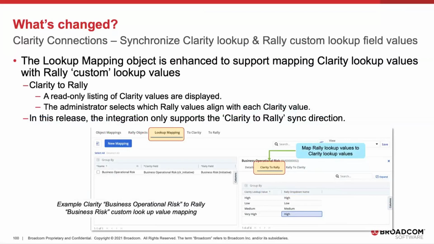In this example, when a Clarity user selects the business operational risk value of very high, the mapped Rally business risk will be updated to display high when synced. Using the example above, the fields are mapped and their corresponding values are synced for the Clarity to Rally direction. So essentially, this capability allows you to translate data between Clarity and Rally.